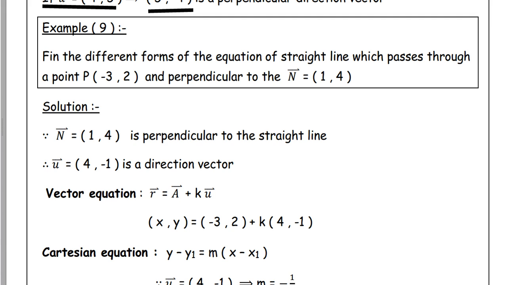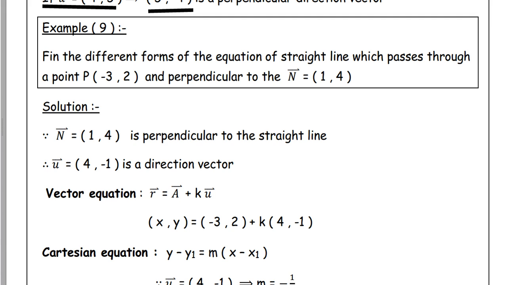Okay, so the solution: n is 1 and 4, which is perpendicular to our straight line. So our straight line direction vector u is 4 and negative 1. So we change the places and we change the sign.